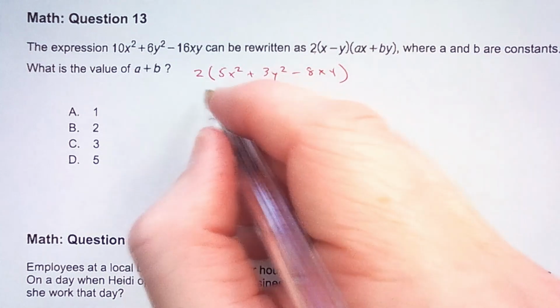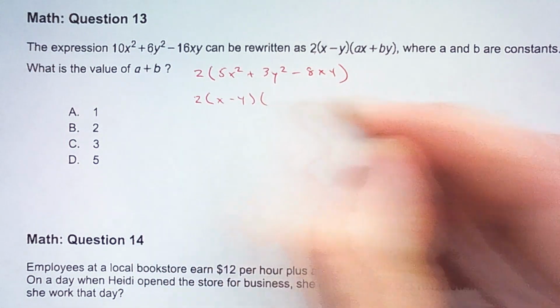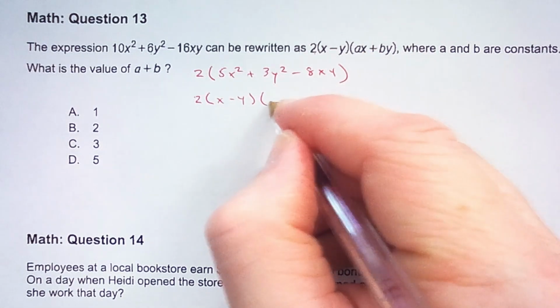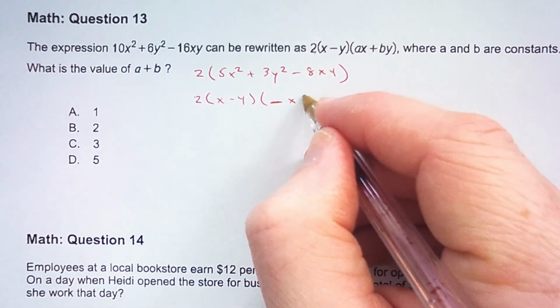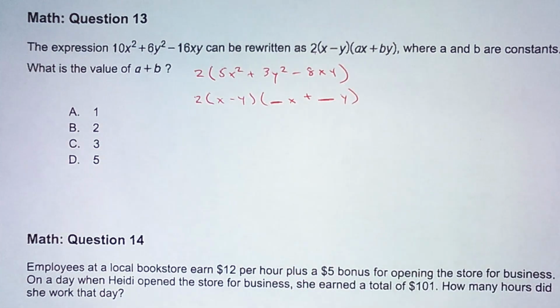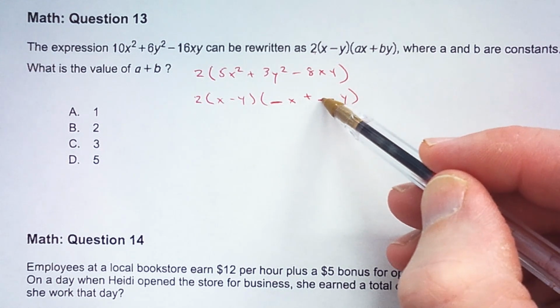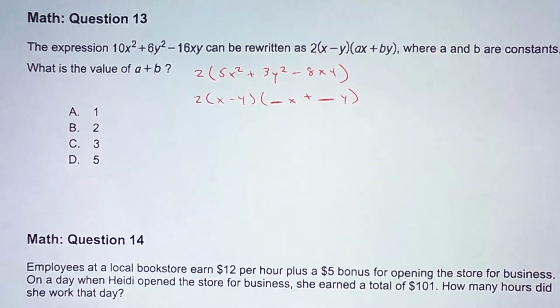Now the next thing they did was factor out x minus y. So it's 2 times x minus y times some number a times x plus some number b times y. Now we have to figure out what a and b are, and then we have to add a and b together.